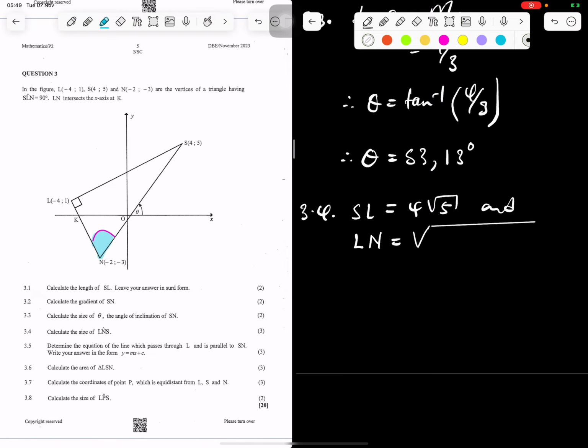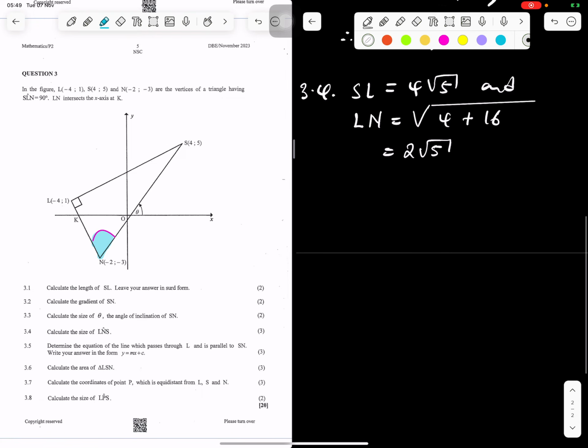Let's get it quickly. So that is going to be minus 4 plus 2, squared. So that is going to be minus 2. Then you square that, it is going to be 4, plus 1 minus 3. So it's minus 2, now you square it. Okay, so this gives us the square root of 2 root 5.